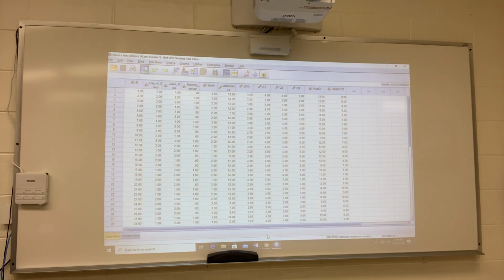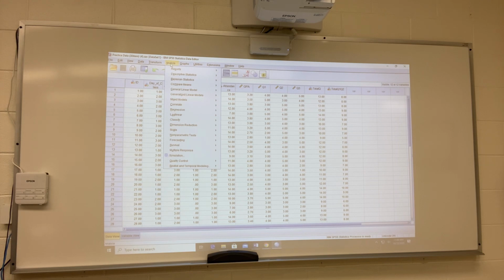Now we need to find the chi-square for goodness of fit, and it's in a different place. Please remember they are different places. This one goes to a place called Non-parametric tests. Do you see that? Find that, then go to Legacy Dialogs, and then you see Chi-square. Got it? Non-parametric, Legacy Dialogs, Chi-square.